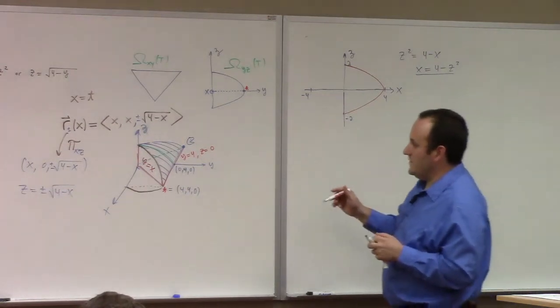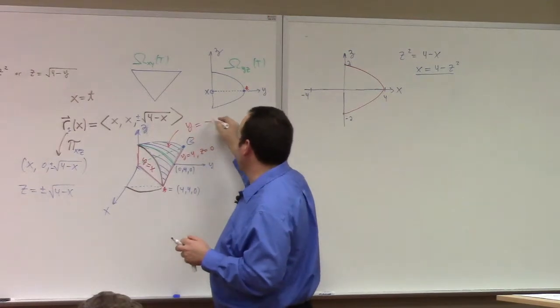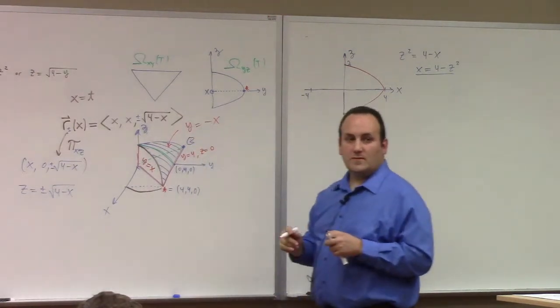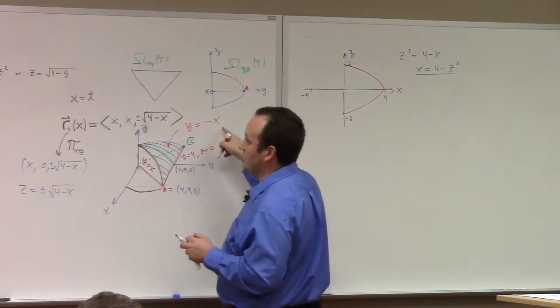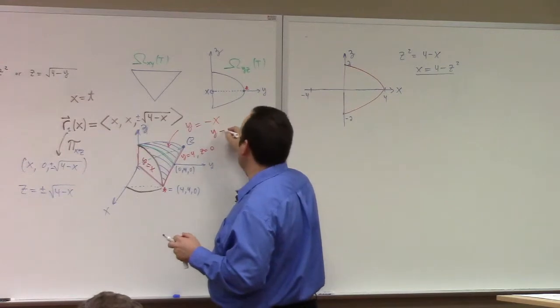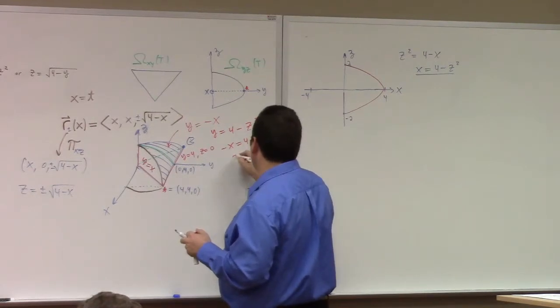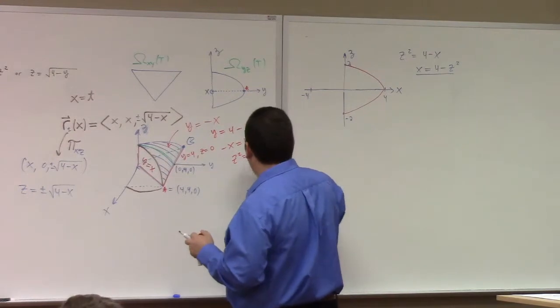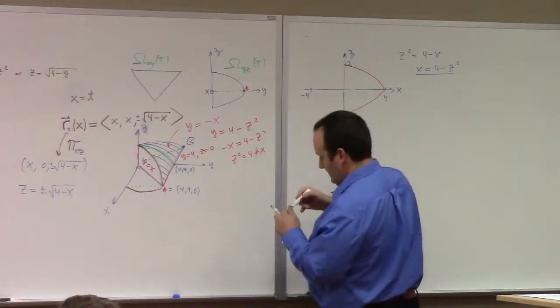The difference would be that on the other side, you have y equals minus x, right? So when you look at y is equal to 4 minus z squared, that becomes minus x is equal to 4 minus z squared, which gives you that z squared is equal to 4 plus x, right? And so that's why you have this on the other side.